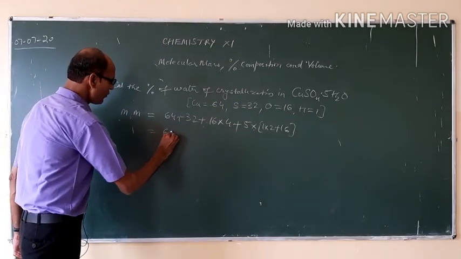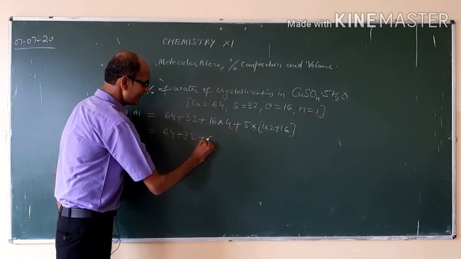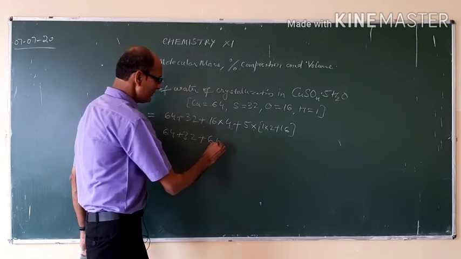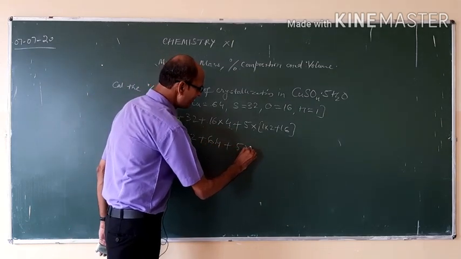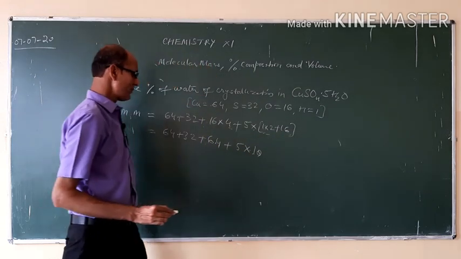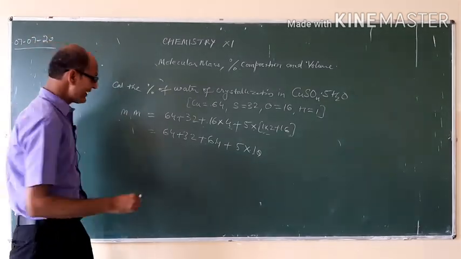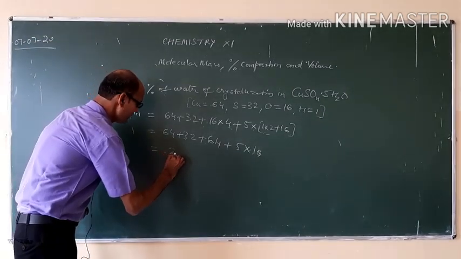So 64 plus 32 plus 64 again, plus 5 into this will be 18. When you solve this completely, you will get 250.